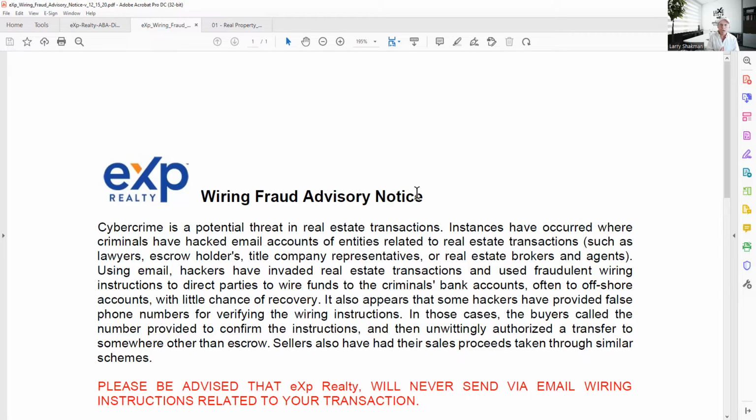Do not wire money to anybody unless you know where you're wiring it, who you're wiring it to, why you're wiring it. Without those things, do not wire money to anybody. That's what this wiring fraud advisory notice is, just letting all of our buyers and sellers know. So those are the three disclosures we're going to cover today.